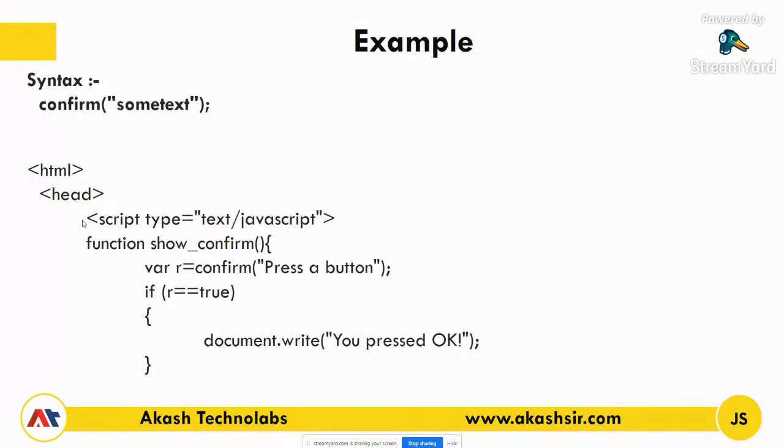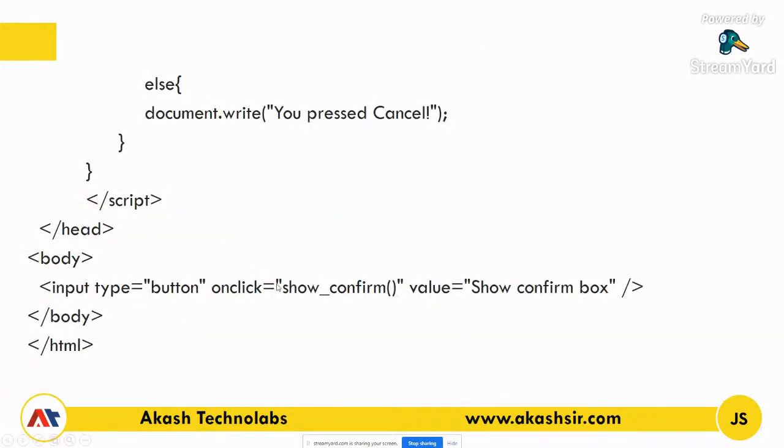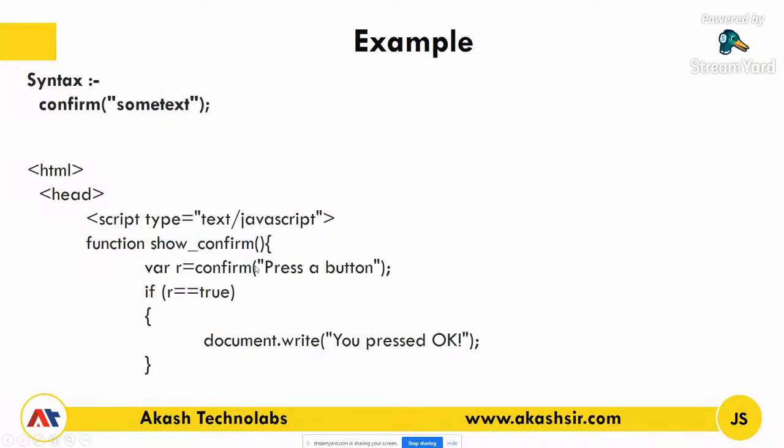Now what is next? If you want to check whether the user has clicked OK or cancel, you can simply check with one variable. First we take one button, and on clicking the button we display the confirm box. We take one variable, and the variable will store the value, true or false.